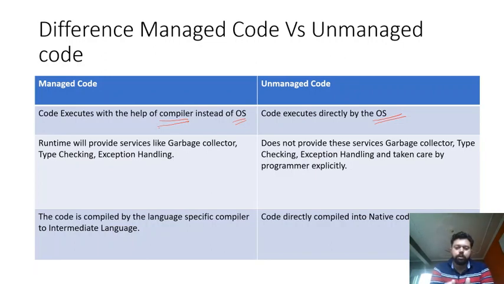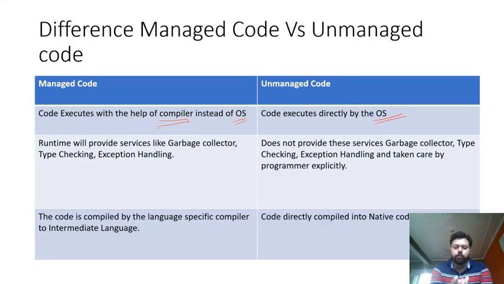So managed code provides automatic garbage collection, type checking, and exception handling. In unmanaged code, these services are not provided: the garbage collector, type checking, and exception handling.